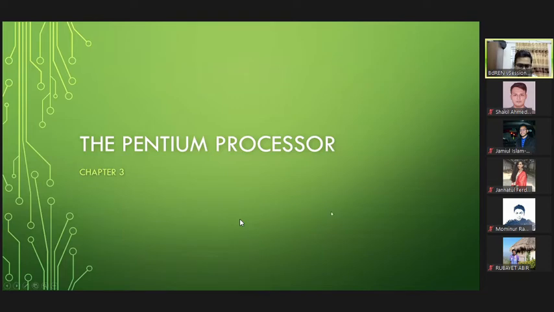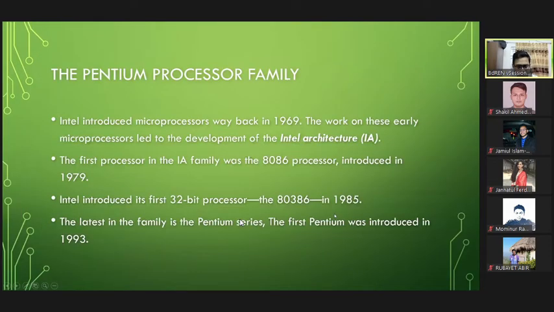First of all, it is the history. We know that it was in 1969. We know that already, and we also know that all the Intel microprocessors use their own architecture, Intel architecture, in short IA. It started with 8080. After that, we have 8086, 80186, 80286, 80386, 80486, then the PENTIUM processor.